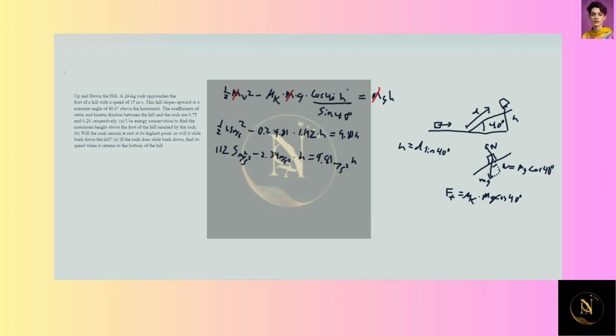Then that's just adding and dividing. So h is equal to 9.26 meters. Again, that's from the base of the ramp up to the top where it stops.